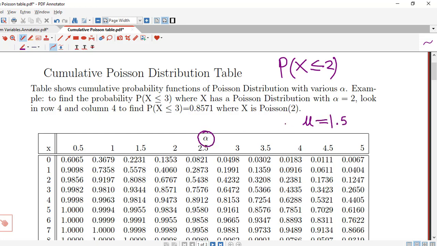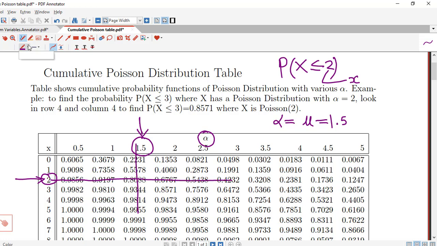They have used alpha to denote the mean, so we have to search for alpha equal to 1.5. This is the value of small x, it is 2, so we consider the row corresponding to small x equal to 2 and the column corresponding to 1.5, and we find the value at their intersection.